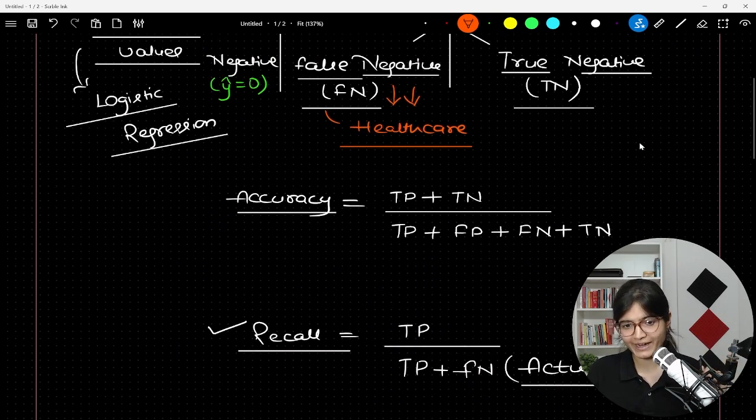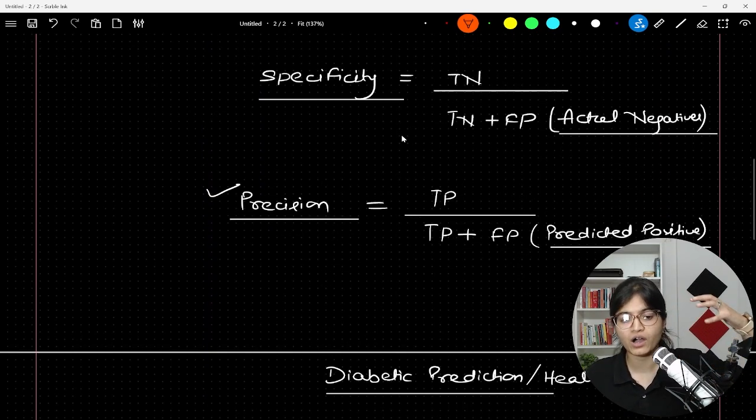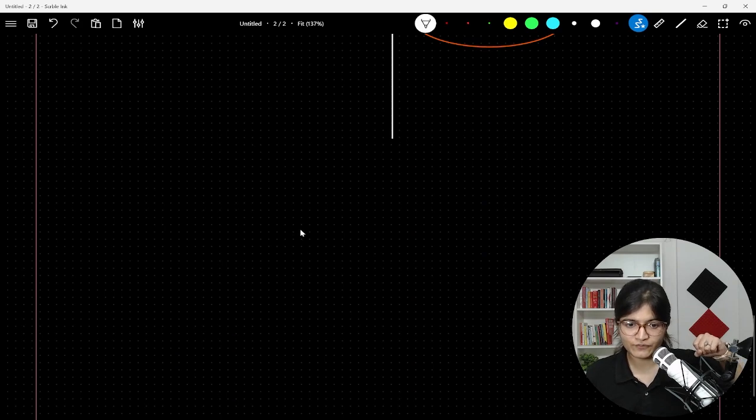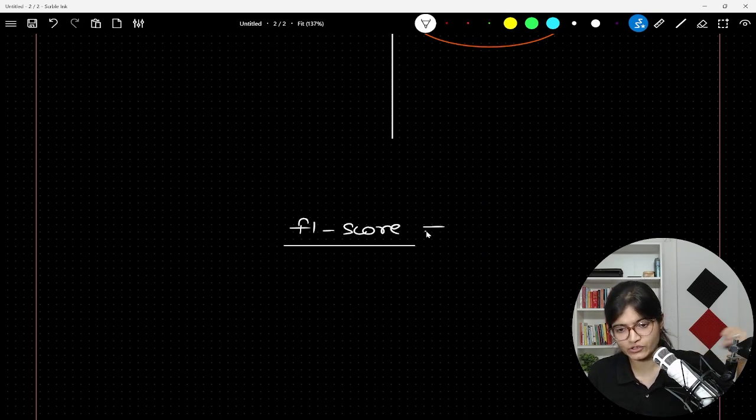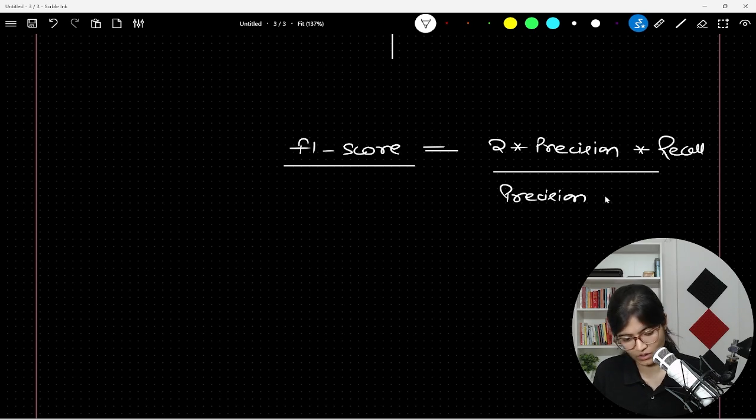Now, let's move ahead. Let's say in a few situations you say, Priya, recall and precision both are equally important. At that point of time, we usually have another metric which is called the F1 score. F1 score is the combination of precision and recall, where you say 2 into precision into recall divided by precision plus recall.